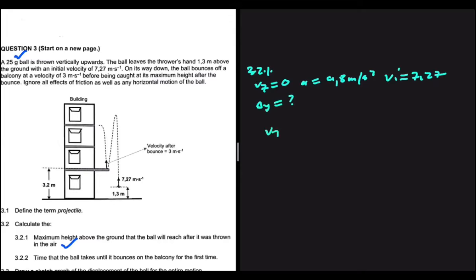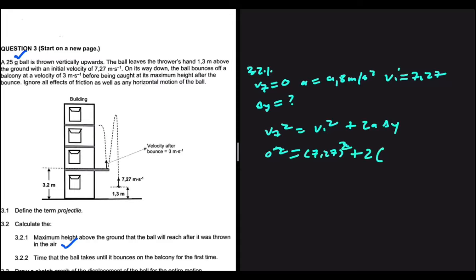We're going to use Vf squared is equal to Vi squared plus 2a delta y. Vf is 0. What about Vi? Let's take up as positive. Common sense. So Vi will be positive 7.27 squared plus 2 multiplied by our acceleration.